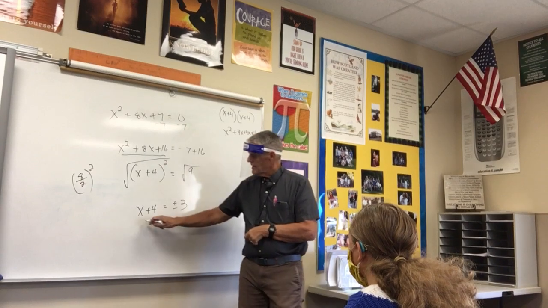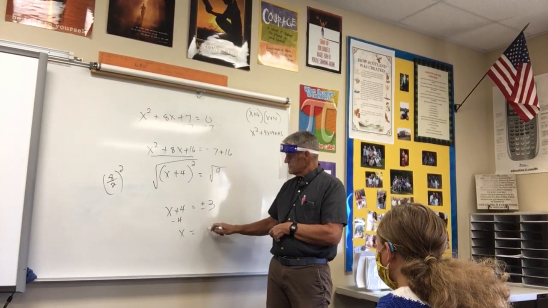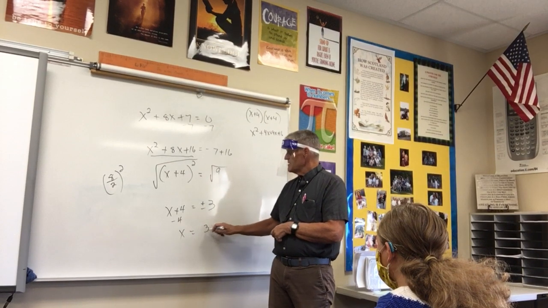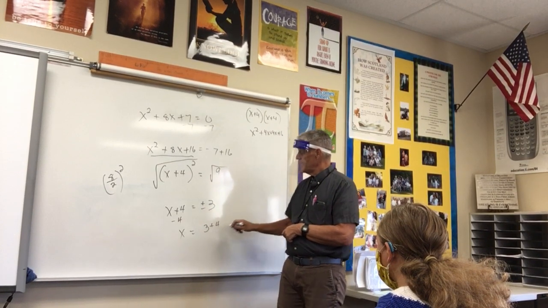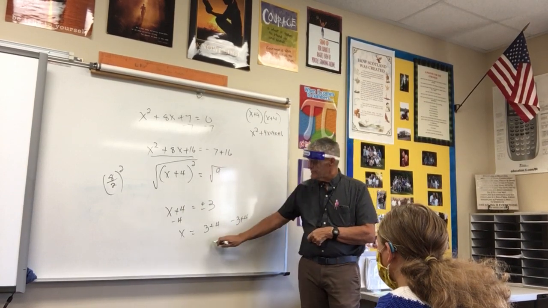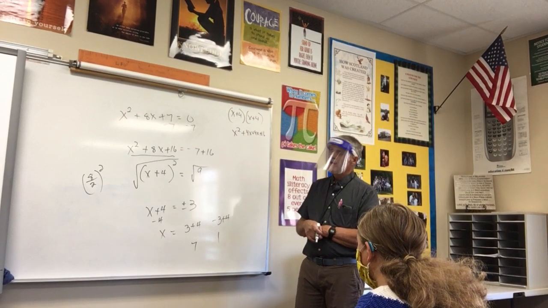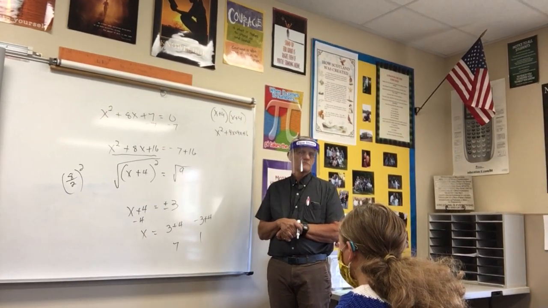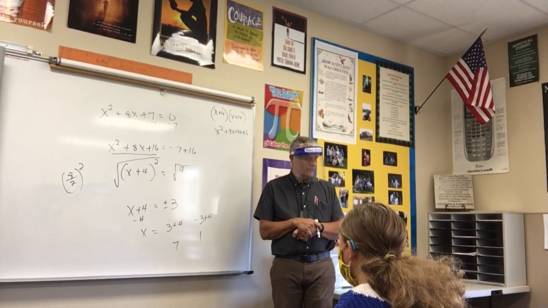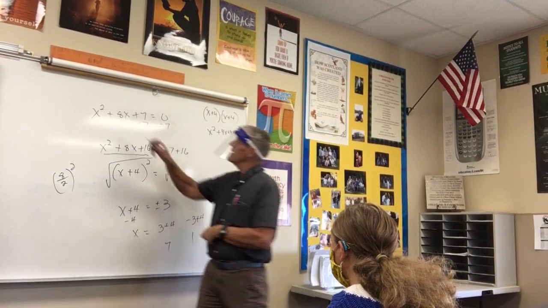So I'm going to minus 4. So x equals 3 minus 4 and -3 minus 4. So my answers are -1 and -7. And if I go back, if it will factor, and many of these problems won't factor easily. Okay, so I went back and factored this.